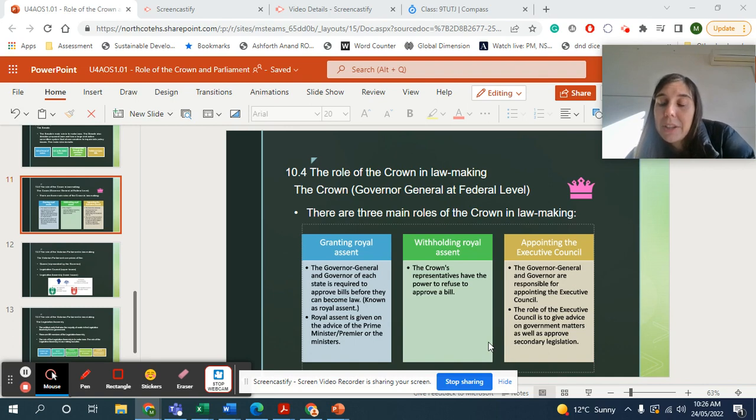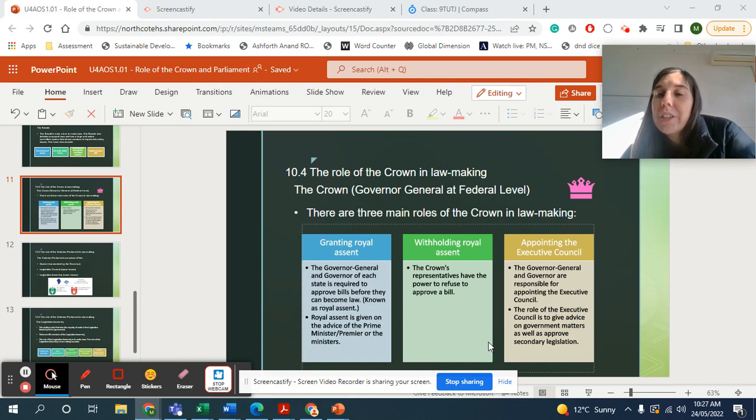Now, the Executive Council is essentially the leader of the day, the Prime Minister, and his senior ministers, and they're there to provide advice to subordinate authorities or government bodies about how to implement that legislation.